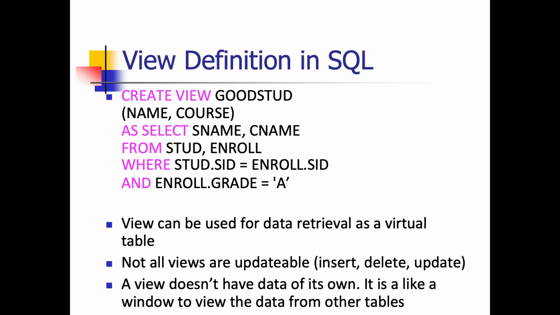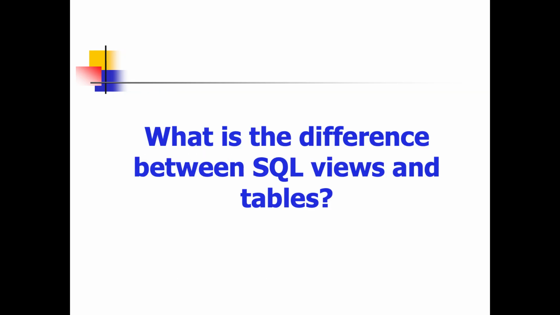And a view doesn't have data of its own, so I said it's not a real table, okay? It's like a window to view the data from other tables. So you can think of what the differences are between a table and a view right now, okay? So what is the difference? I just mentioned.